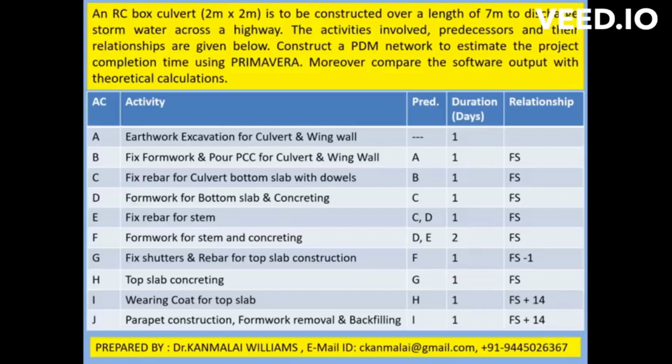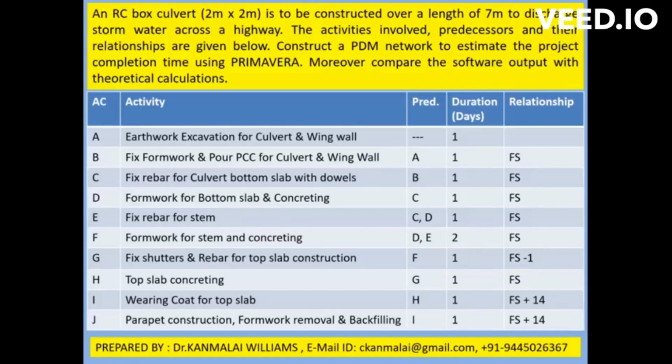Coming to the table, the first column represents the activity code, given in short as AC, and activities are given from A to J. The description of the activity is also given. For example, the first activity, A, is earthwork excavation for culvert and wing wall.